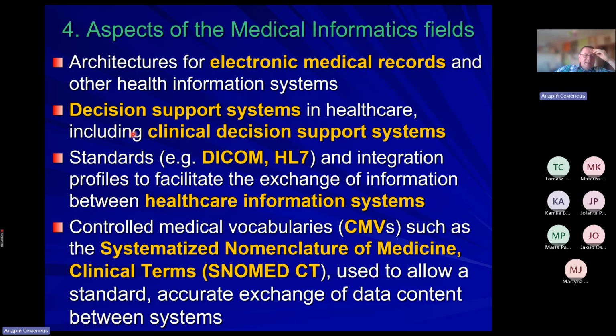Moreover, in recent years, to be honest, we have to exchange the first and second points, because studying the architecture of electronic medical records and health information systems remains important, and despite the huge number of practical systems already delivered, we just have only some shifting in studying.